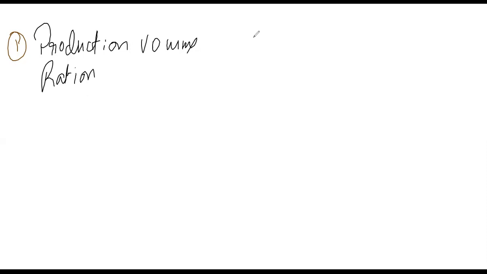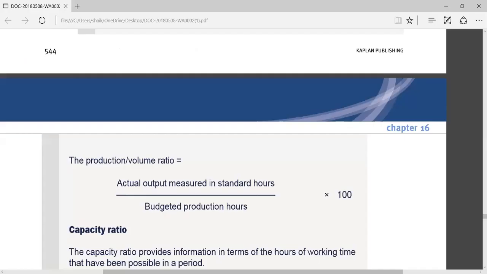If I'm assessing the production volume ratio, the formula is actual output measured in standard hours divided by budgeted production hours.